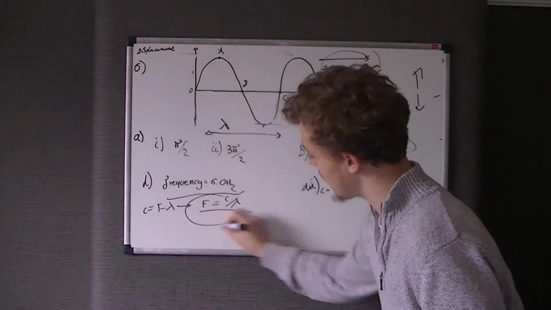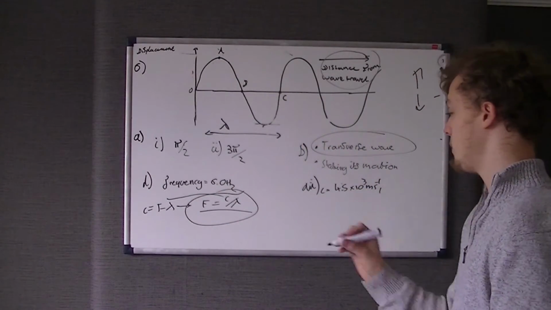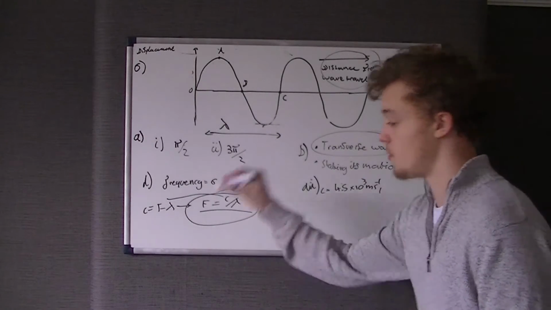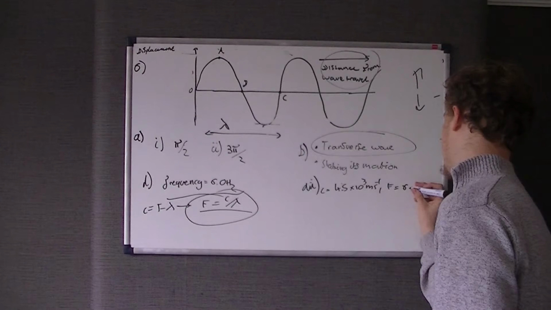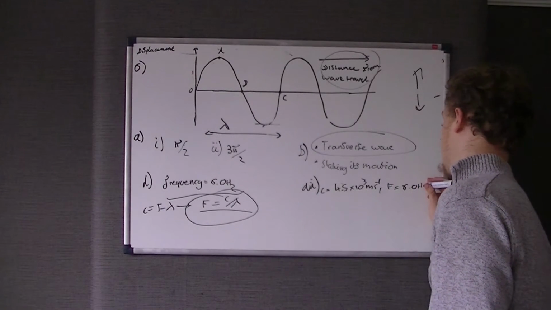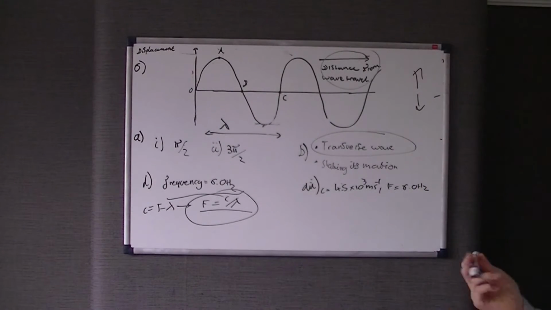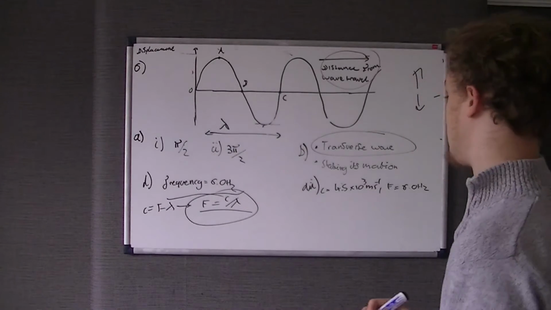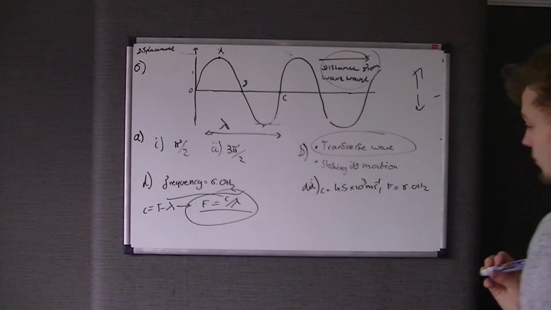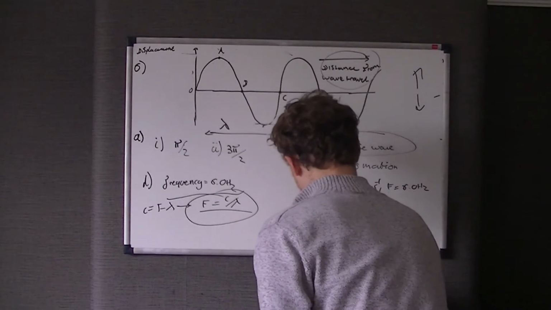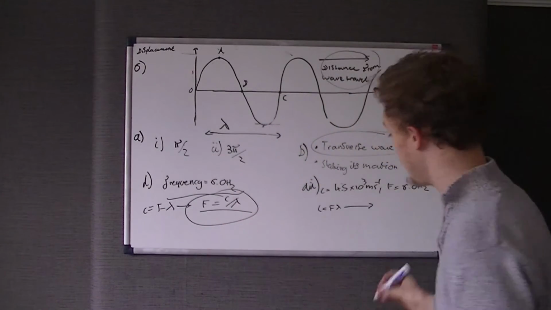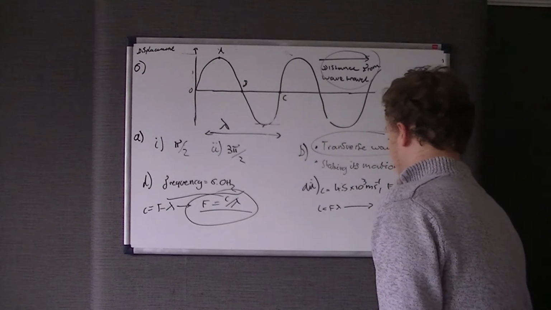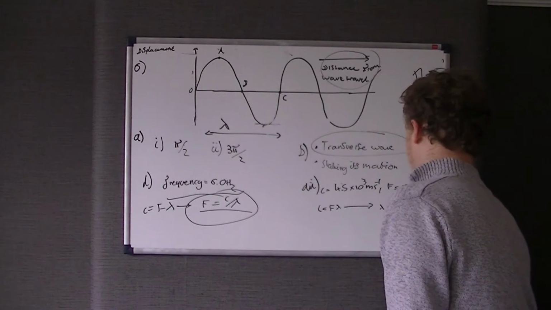We want to find the wavelength, because we know the frequency and the speed. So we use c equals f lambda, lambda being the wavelength. Just rearrange to get the wavelength, or lambda, which is the speed over the frequency.